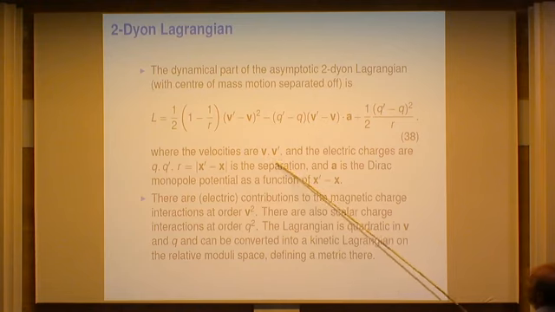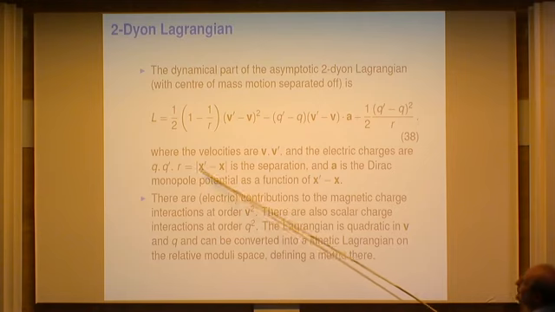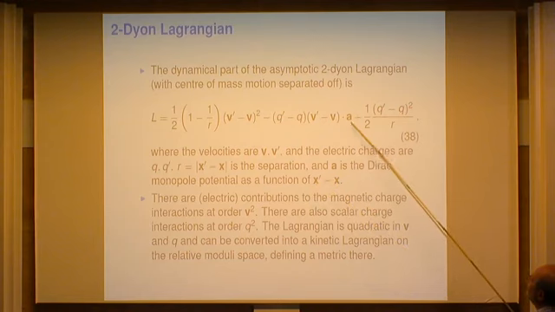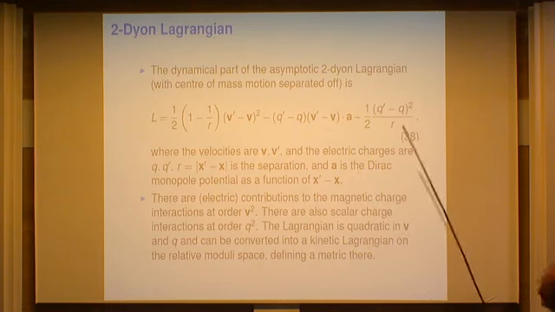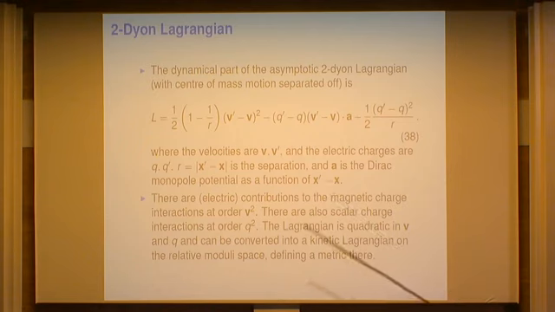So the velocities are V and V prime, the electric charges are Q and Q prime. R is the spatial separation of the two dions. And this A is the Dirac monopole potential as a function of x prime minus x. It's not quite gauge invariant, but that's not surprising. I mean, the action is gauge invariant, even though the Lagrangian isn't.